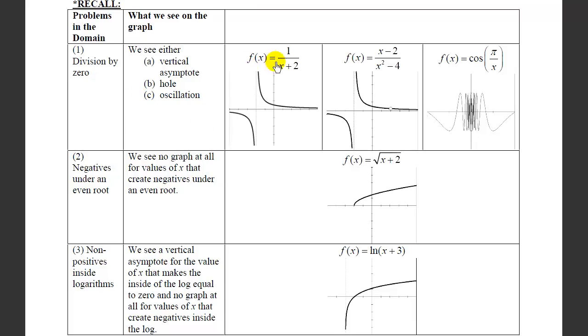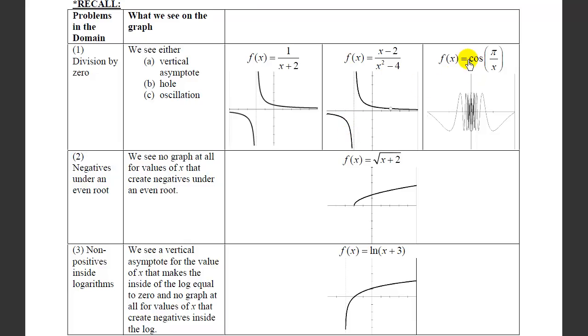So, for example, on this one, if I try to plug in a -2 for x, that generates a 0 on the denominator that gets manifested graphically as a vertical asymptote. Over here, if I try to divide by 0 by plugging in a +2, I end up with a hole, whereas if I plug in a -2, I end up with a vertical asymptote. So here we had two problems in the domain, both of which were division by 0, and only one of them generated the asymptote.